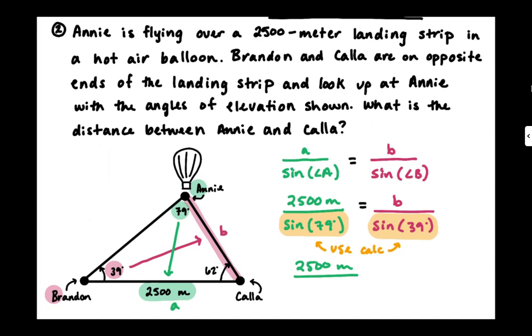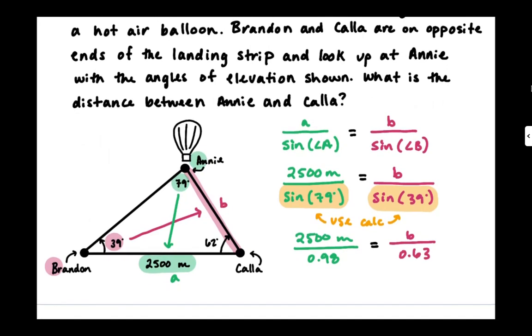If we round, we get 0.98, equals little b divided by, punch in 39, hit the sine button, and if we round to 2 decimals, we get 0.63. Now we're solving this for little b. I want to get little b by itself, which means I need to get rid of 0.63. I'm currently dividing by 0.63, so to get rid of it, we're going to multiply by 0.63.